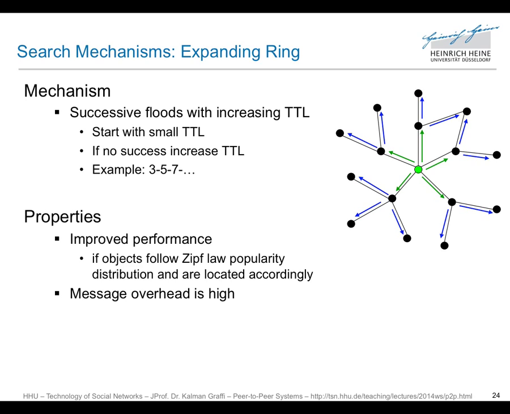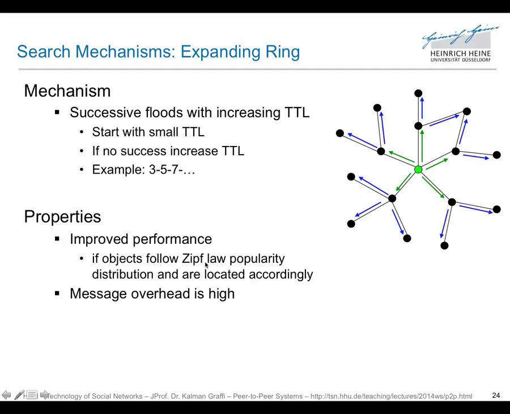The drawback is, of course, once you search in a radius of 3 nodes around you and you didn't find it, you have to extend it to 5, and then you search the nodes that you already have searched. So you double the costs for those, but still, considering the overall gain that most of the queries will be solved in the first few hops, it pays off.